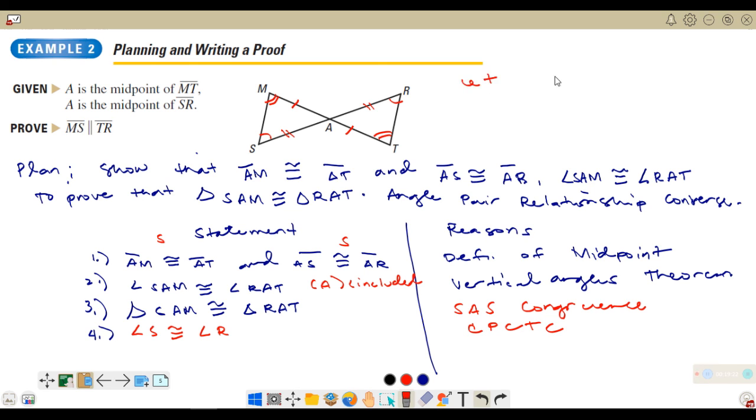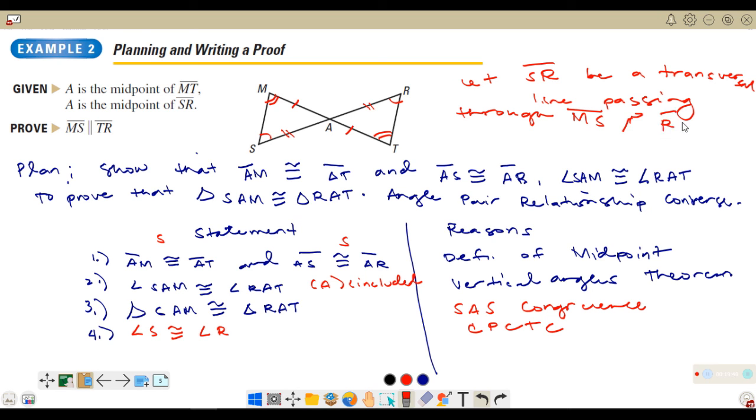Now, let SR be a transversal line passing through MS and RT.